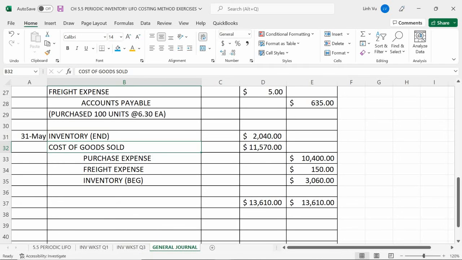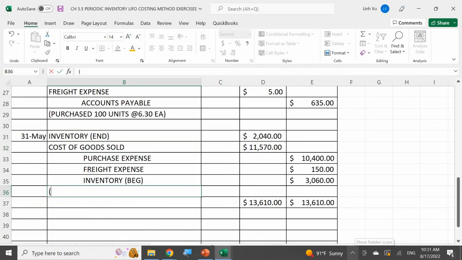And then last but not least, the conversion entry for periodic inventory.